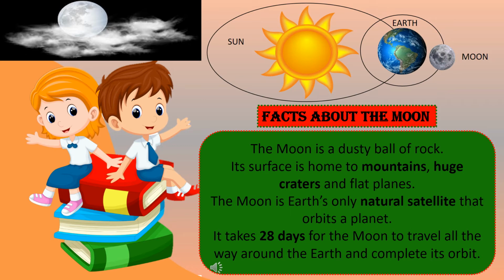Our planet earth, you have learned, gets heat and light from the sun, and the moon reflects the sun's light, so sometimes you can see a full white moon, sometimes you are not able to see the moon, sometimes you see just a crescent, a thin line of the moon.